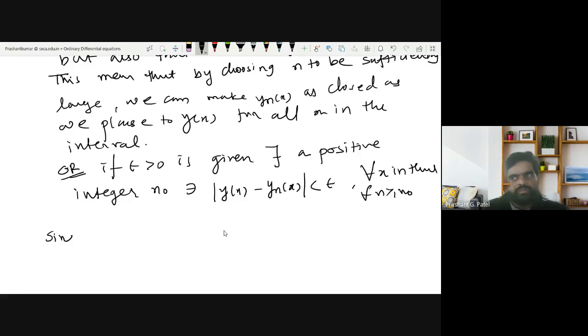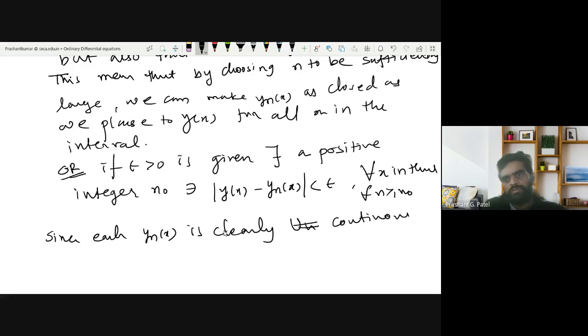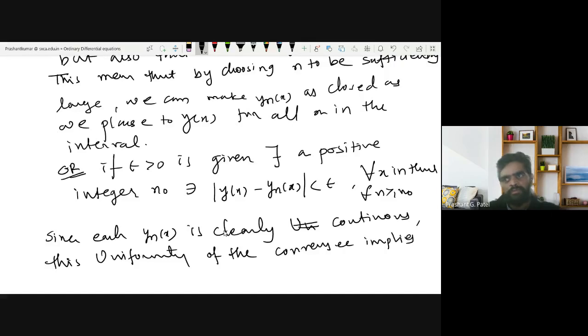So since each yn is clearly continuous, and this uniformity of the convergence implies that the limit function y of x is also continuous.